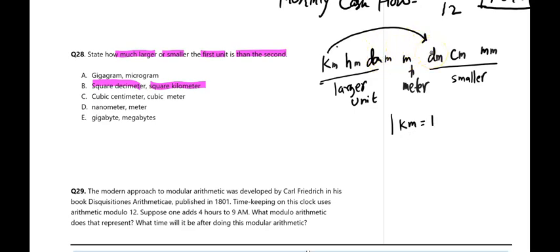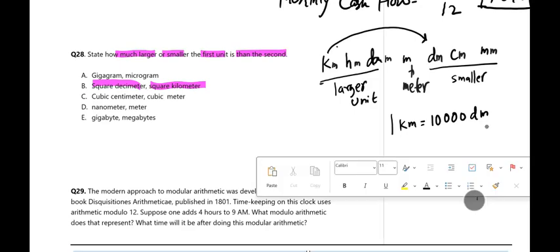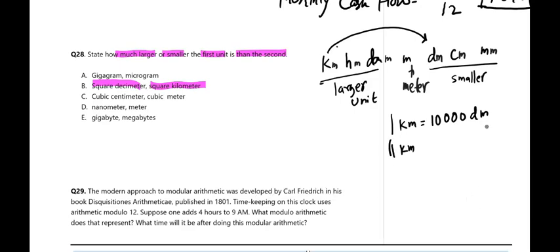That means 10,000 decimeter, dm. Notice that d is decimeter. So if you square it, 1 kilometer square equals 10,000 decimeter square.